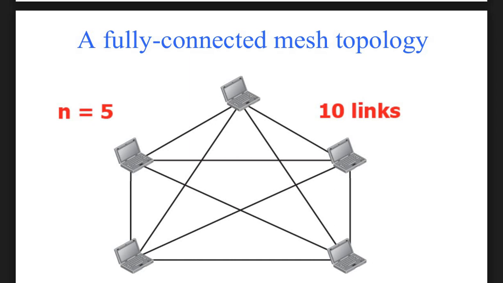The first topology is mesh. Here n means nodes. A node is nothing but your computer, like your laptop, right? So n equals 5: 1, 2, 3, 4, 5. Five computers are there, right? For five computers, each computer should be connected to everybody. Take one computer here, for example.